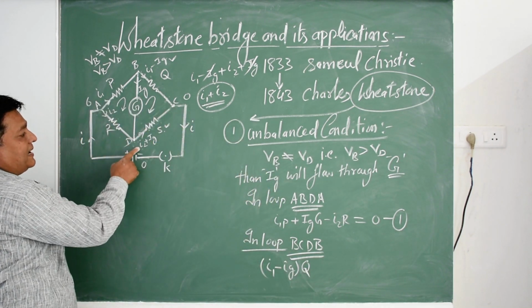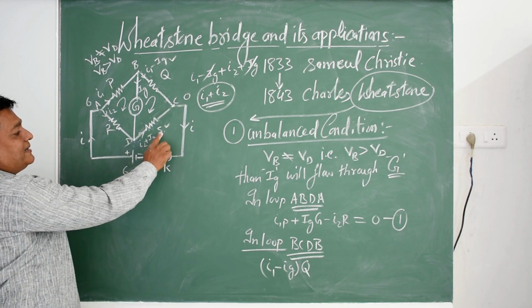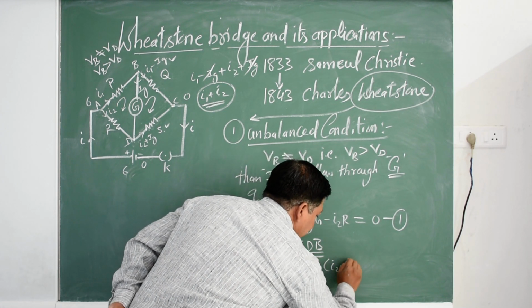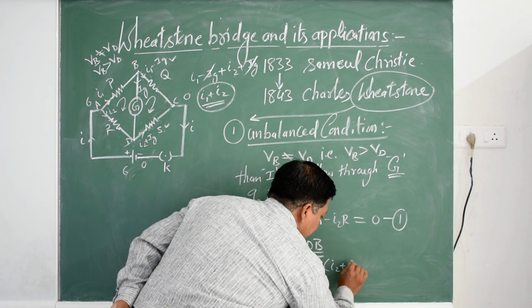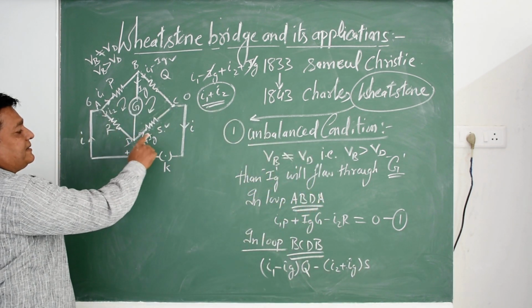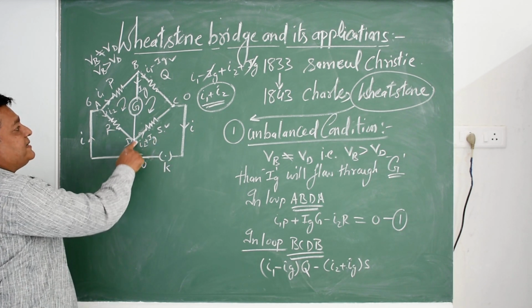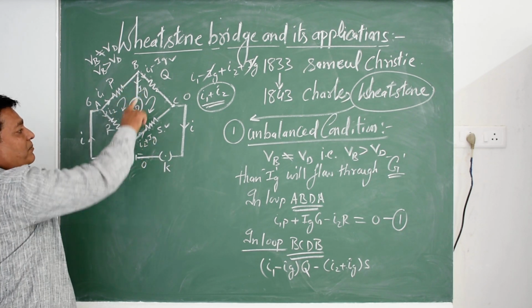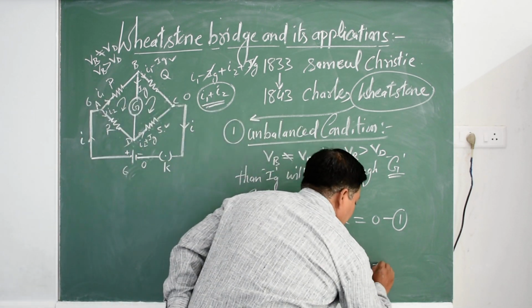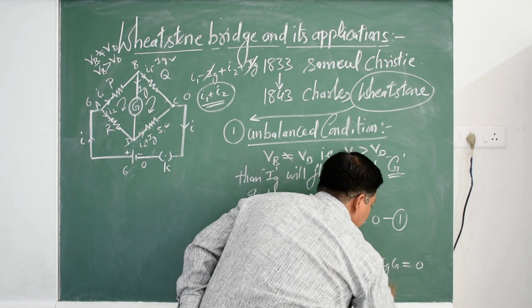Here I2 plus Ig is coming in the opposite direction of our calculation and the resistance is S, so we write minus I2 plus Ig into S. Again, Ig and G are in the opposite direction of our calculation, so we write minus Ig G, which is equal to 0.